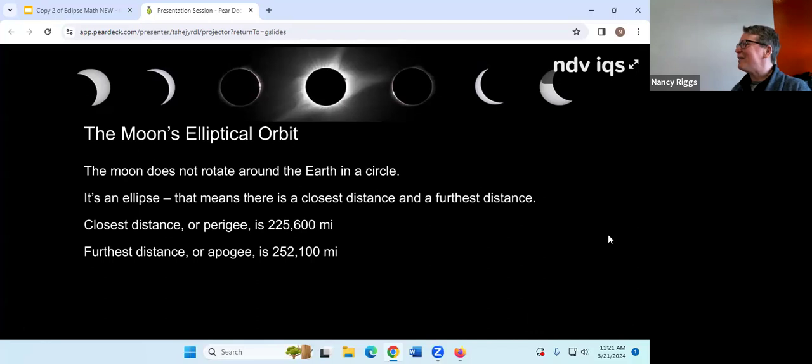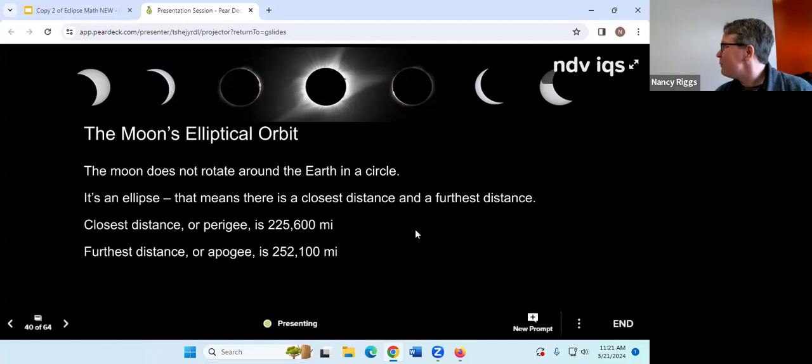Because I did want to talk about the fact that the moon has an elliptical orbit. We touched on this word earlier. So again, the moon does not rotate around the Earth in a perfect circle. It's something called an ellipse. Think of it as a circle that's kind of been flattened a little bit. And that's where those two numbers that we saw earlier come from.